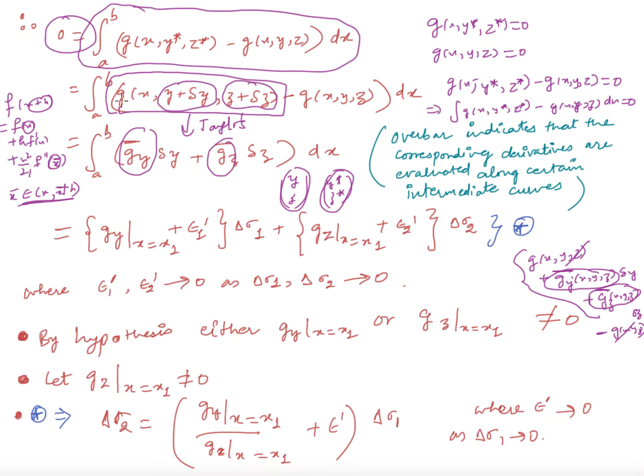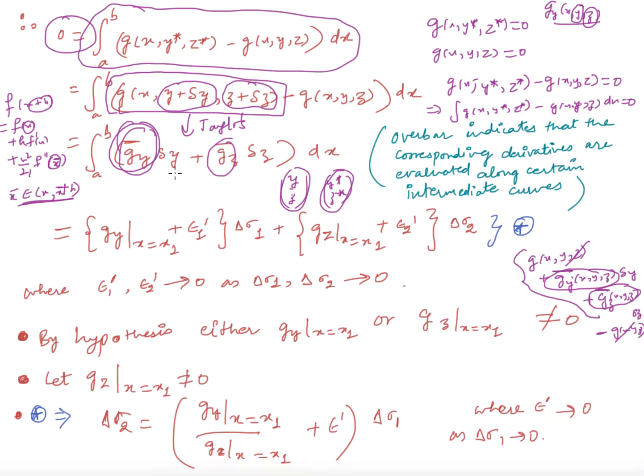And I have to compute gy at these curves. gy is the surface, and I want to compute its value at these curves. So basically gy is a function of x, y, z, and I have to compute it at some curves intermediate to these two curves. That's why I put the bar.